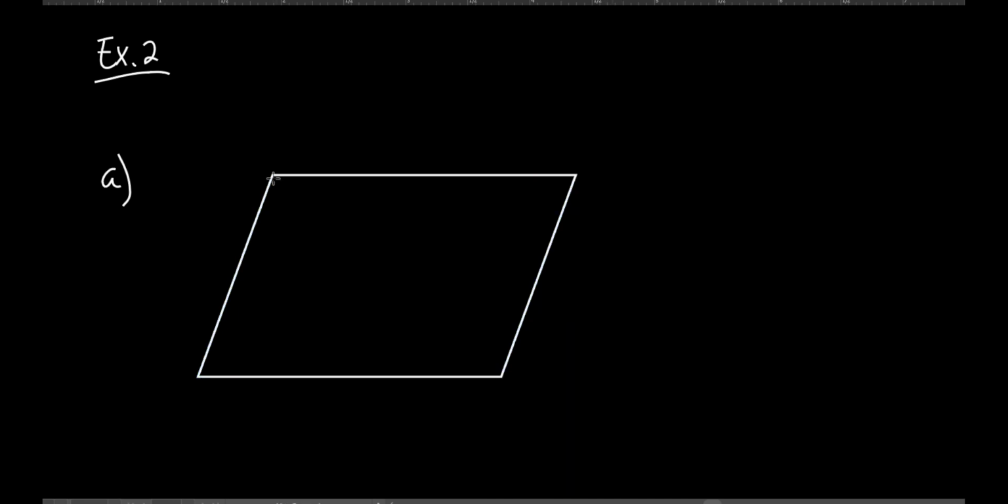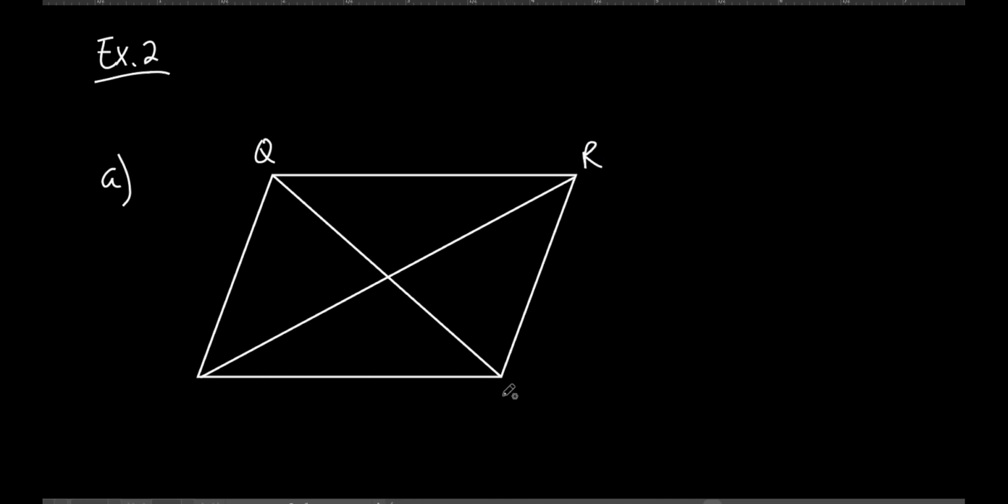All right, let's put some diagonals in here. So there's one diagonal. There's another diagonal. And let's label it QR. Let's see, it's QRS. Oops, not T. This is P. PQRS, okay? And they tell you some stuff about this.